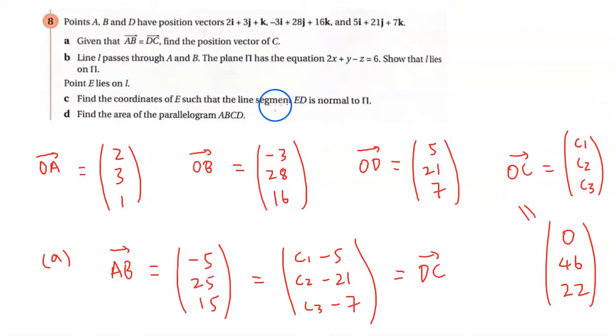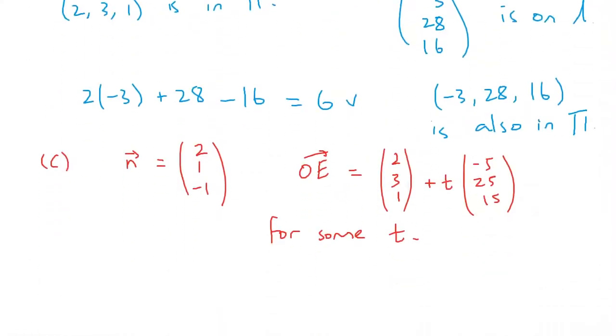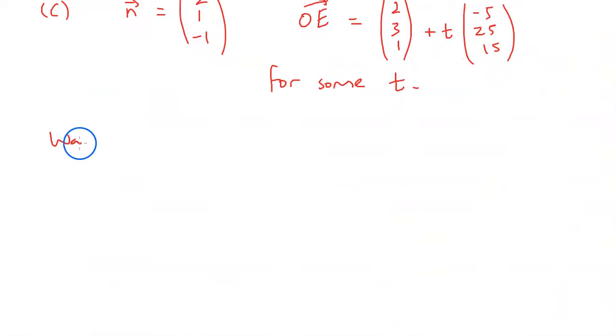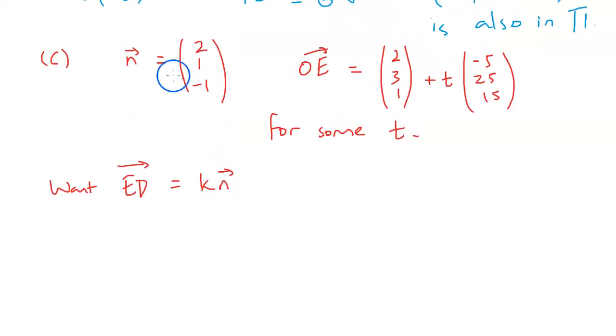Okay, and we want ED equals K times N for some number K. Not a problem. ED is equal to OD minus OE.